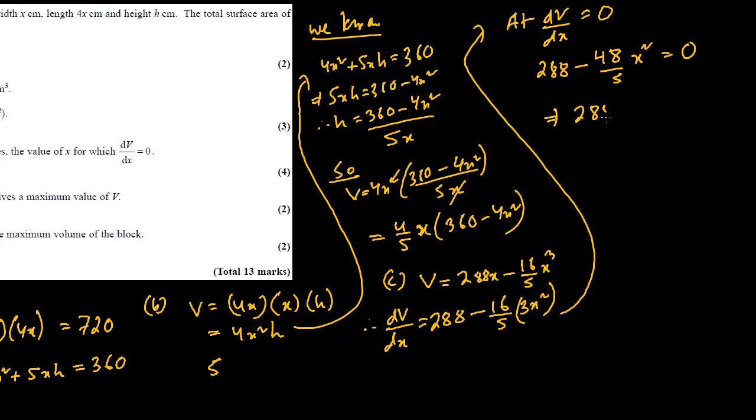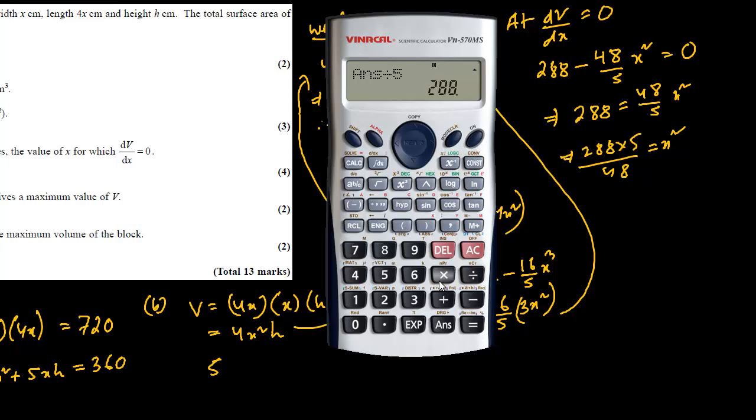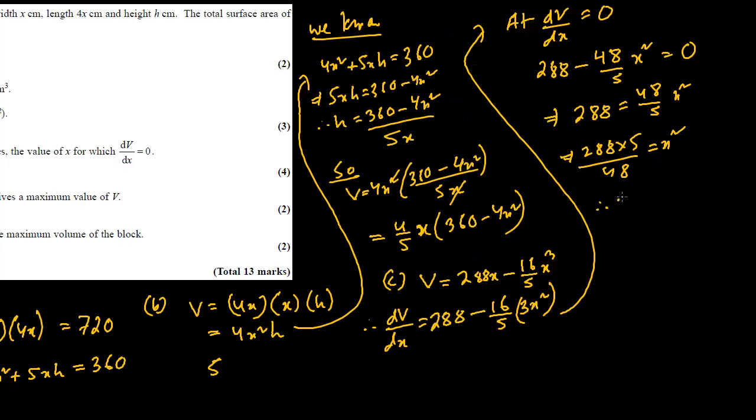That means 288 equals 48 by 5 x squared. That means 288 into 5 divided by 48 equals x squared. That is 30. So therefore, x squared equals 30.